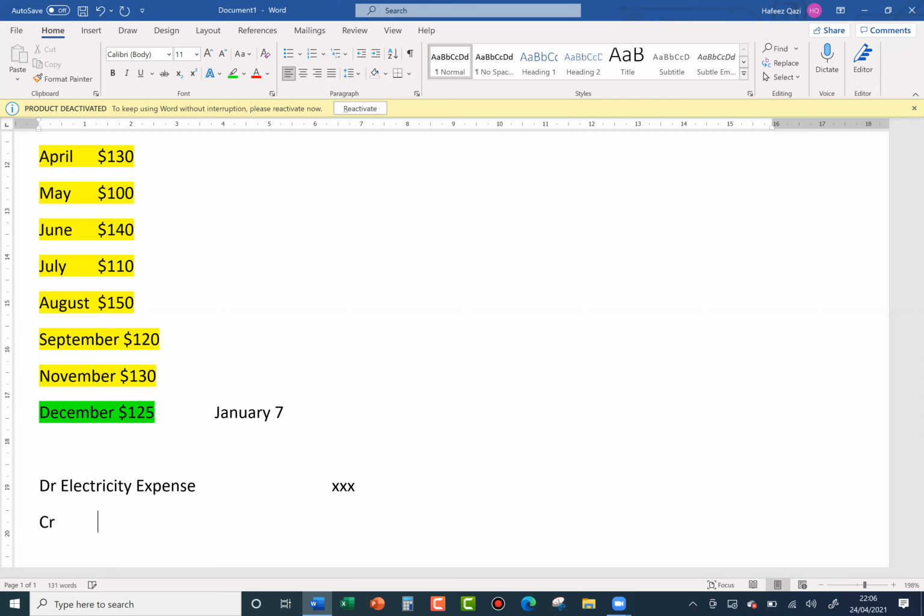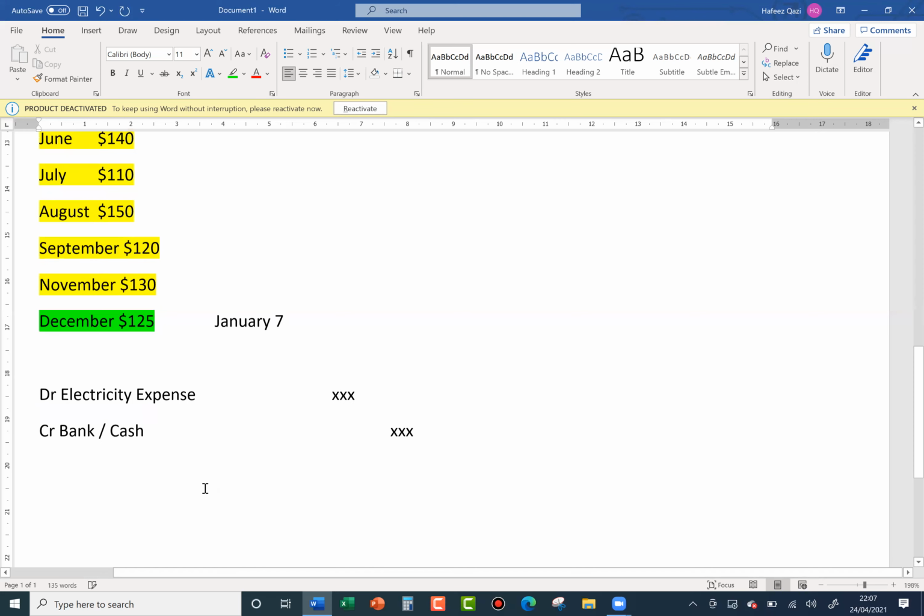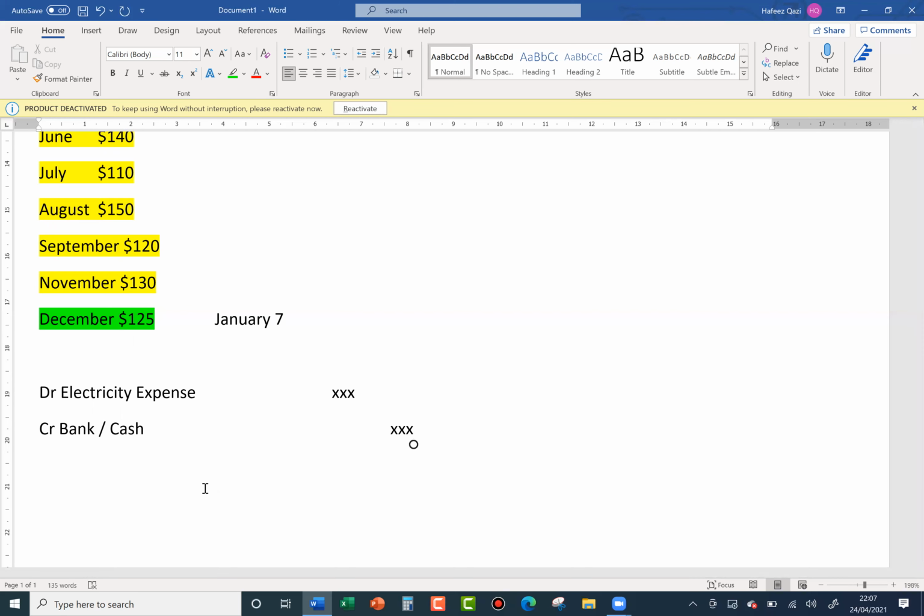And we will credit bank or cash, whichever mode you are using to make the payment. So we will debit electricity expense because you know that all expenses are debited when we incur them. And we will credit the bank or cash. But what about December bill? We haven't made the payment yet. We will make the payment of December bill in the month of January, which is the next financial year.